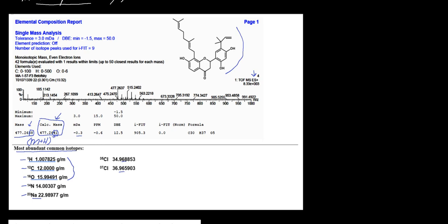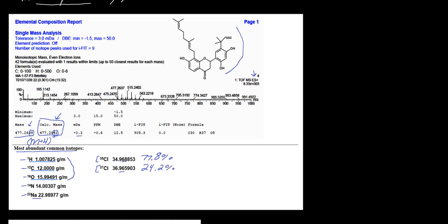I include the chlorines in here because chlorine, some atoms are interesting. Mass spectrometry is going to have different observations for the whole periodic table. Chlorine, though, is a common atom, and it's common in synthesis. So there are two common isotopes of chlorine, and the percentages of these are 77.8% of chlorine 35 compared to 24.2% or so of chlorine 37.